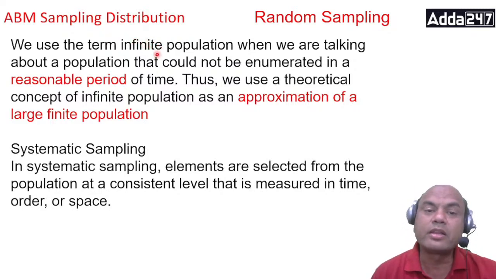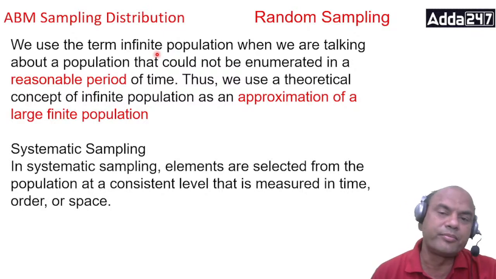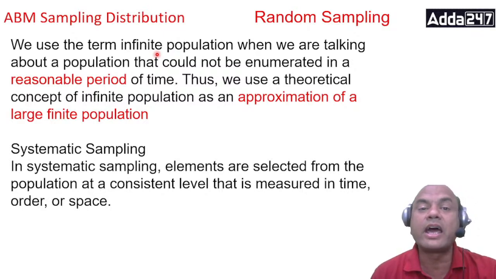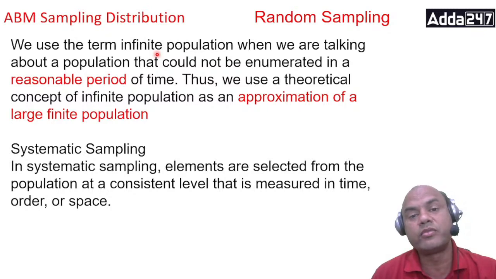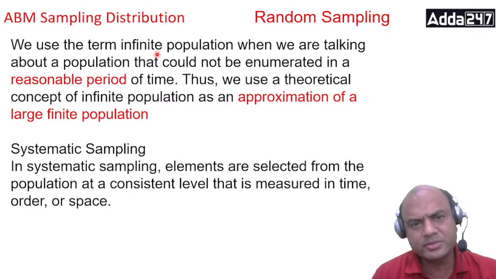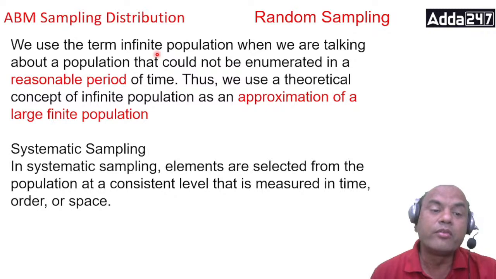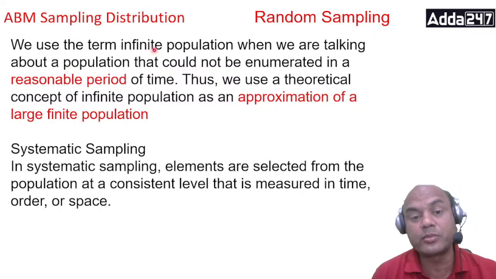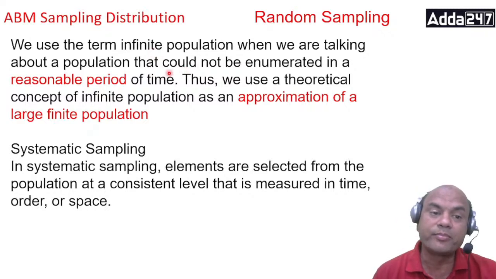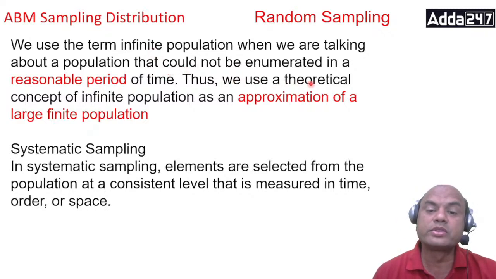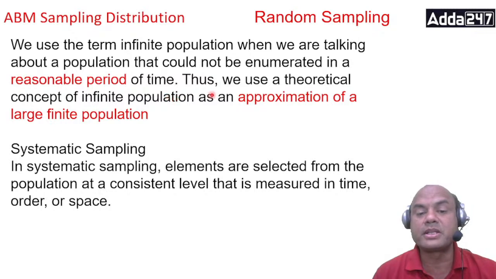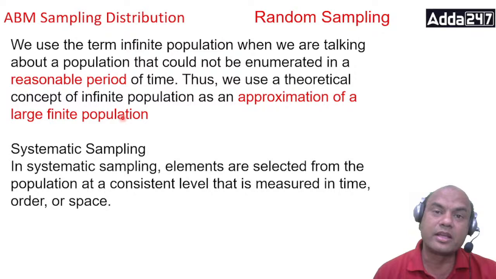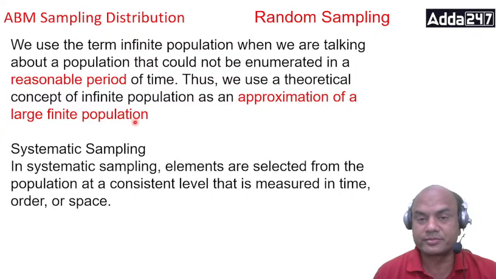Tomorrow I'll tell you to go and count the entire population of the city where you live. Is it possible? That becomes infinite for you within a reasonable period of time. So it cannot be determined within a reasonable period of time. Thus, we use the theoretical concept of infinite population as an approximation of a large finite population. Got it?